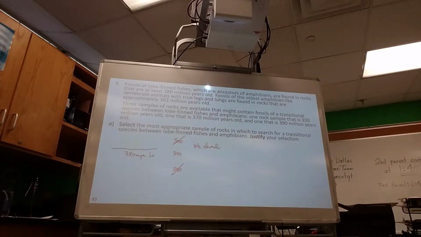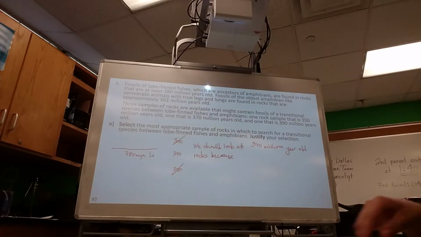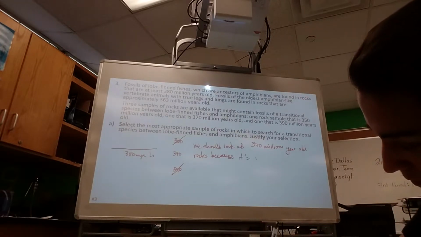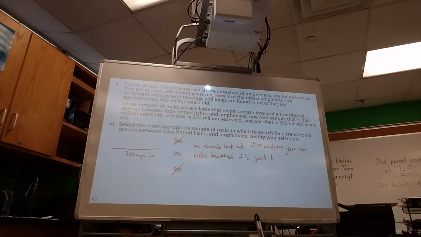We should look at 370 million year old rocks. We're looking at rocks that are that old to see if we can find fossils, because it's just before amphibians evolved.